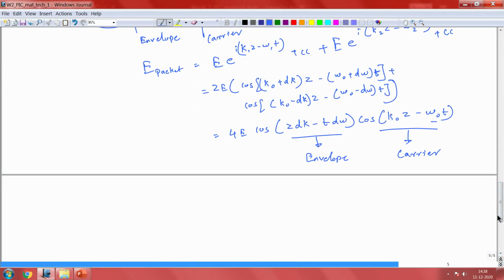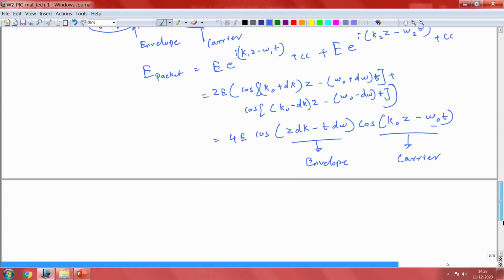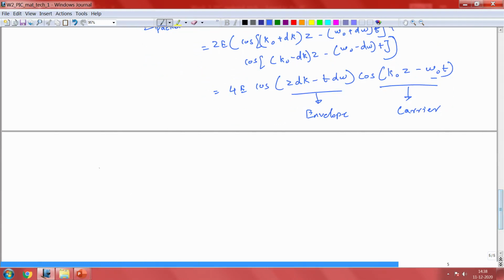We have already seen this. Let us look at this envelope, how fast this envelope can move. That is taken from the phase. So, let us look at the velocity of this wave packet, and that is given by z dk minus t d omega equal to a constant phase.